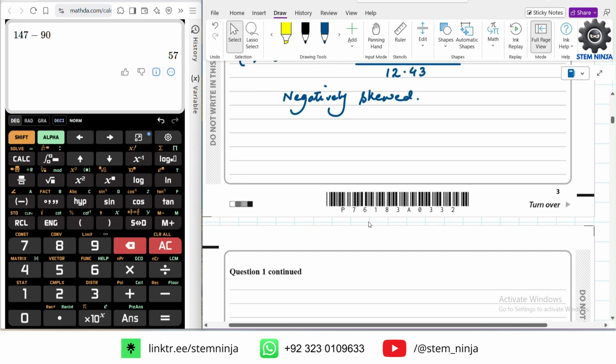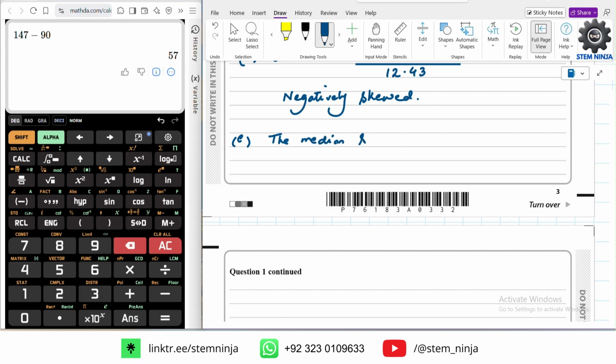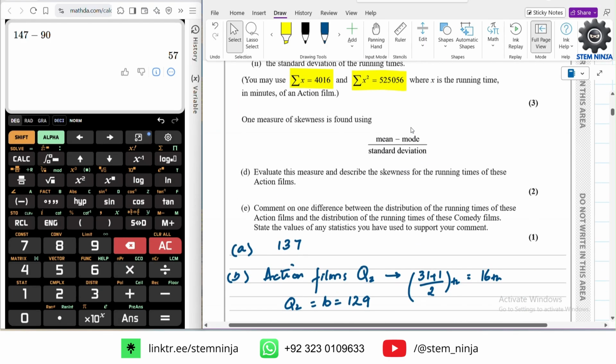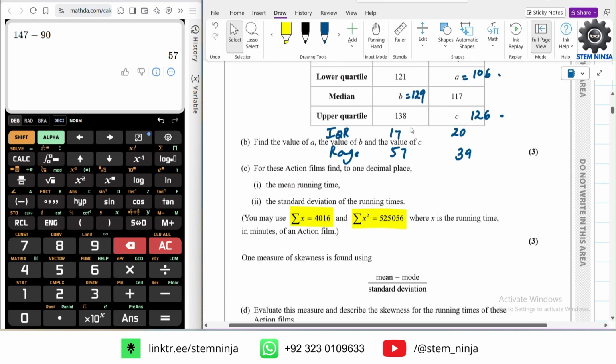So we can say the median running time for comedy films is higher than that of action films. The median comparison was 117.